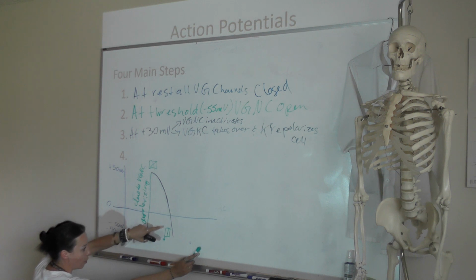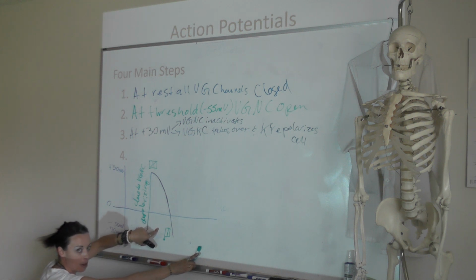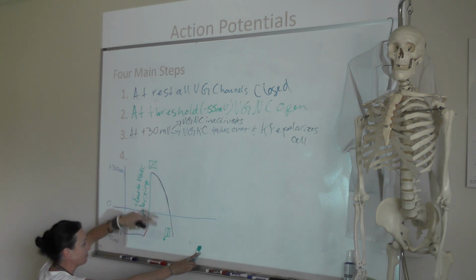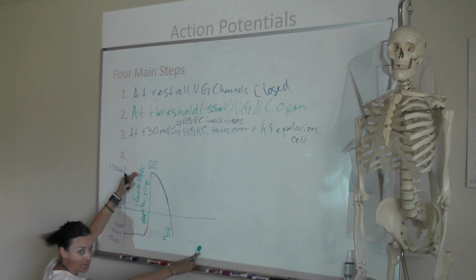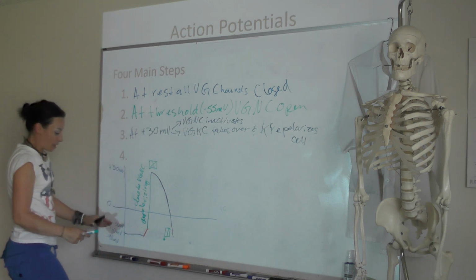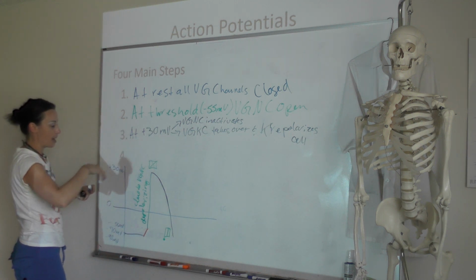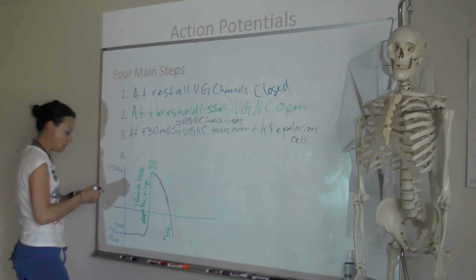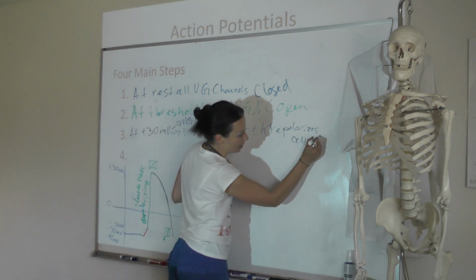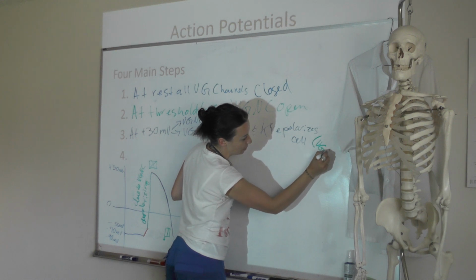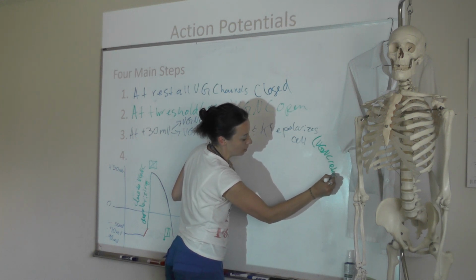But if we really want to, I could open this channel again and start another action potential. That's important because that's the only way we can code for stimulus intensity in the nervous system, because all action potentials look the same. So then we're going to repolarize the cell, and what I'll say right here is that the voltage-gated sodium channel returns to just closed.